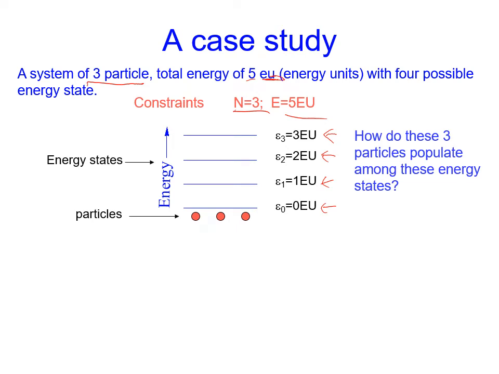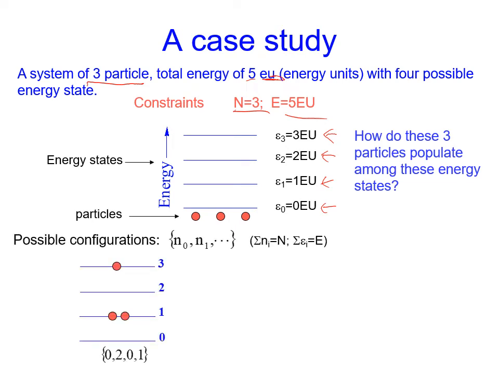Now, one possible configuration is that there are 0 occupying the lowest energy, and there are 2 in the second energy level, 0 at the third energy level and 1 particle at the fourth energy level.